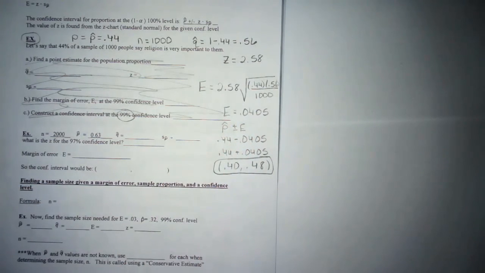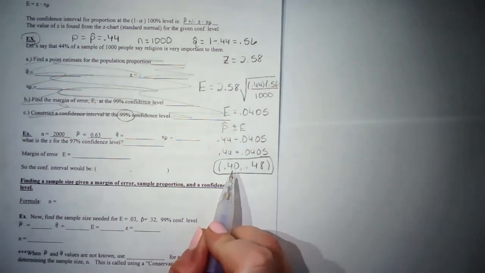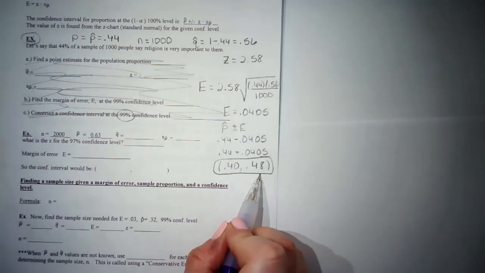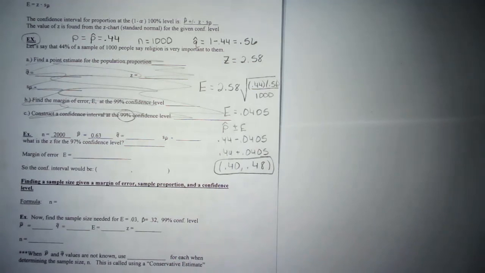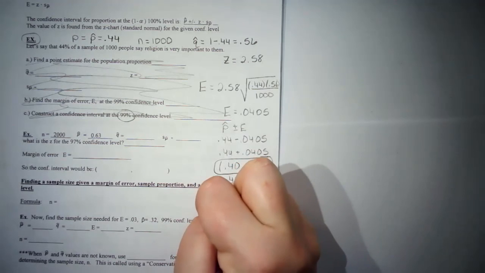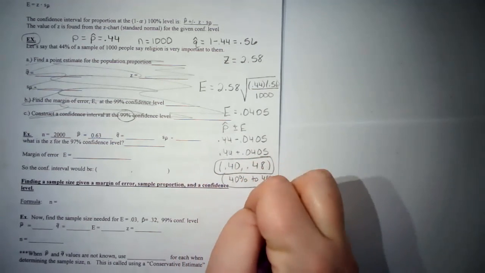Now, sometimes with proportions, they won't ask for the interval. They'll ask for the percentage interval, which happens sometimes. So if they asked for the percentage interval, well, how would you change these decimals to a percent? Multiply by 100, right? Or scooch it over. So this might also be 40% to 48%.